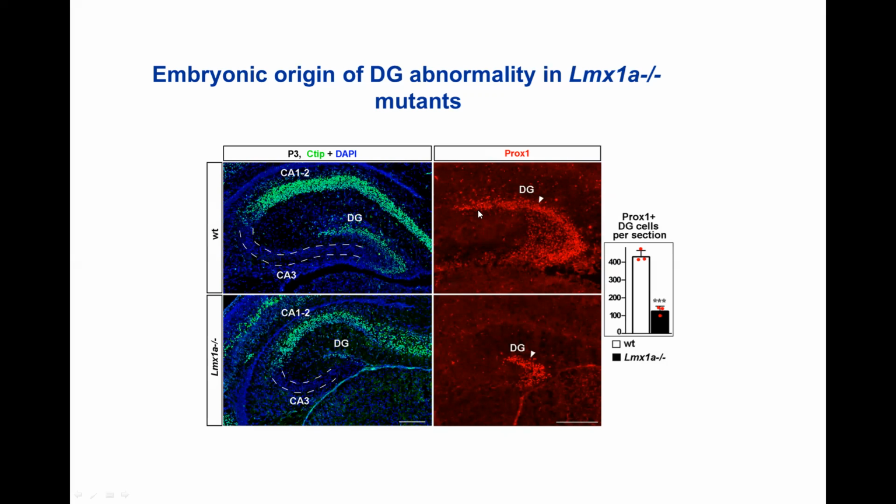When we analyzed the number of dentate gyrus neurons with PROX1 immunohistochemistry at this developmental stage, we already observed a significant reduction in the number of dentate gyrus neurons, indicating that abnormal development earlier than postnatal day 3 probably contributes to hippocampal abnormalities in Lmx1a mutants.